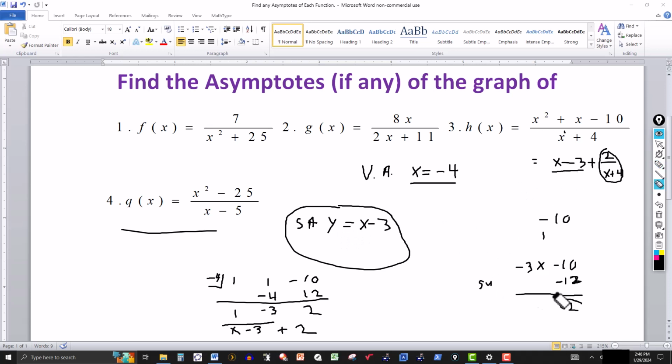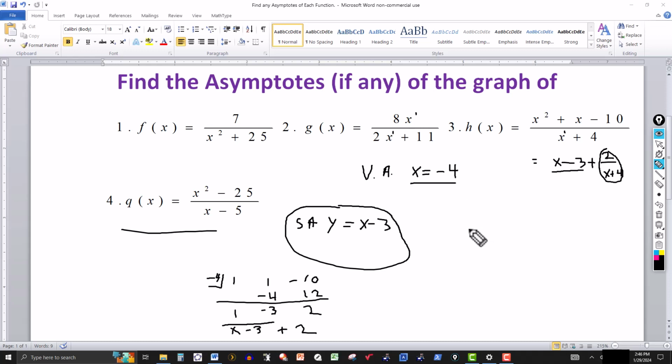I also wanted to point out that that's the reason we can say this for the situation as in number 2. If the degrees are the same, 1 and 1, we said this coefficient divides that one, and we get y equal to 4 for the horizontal.